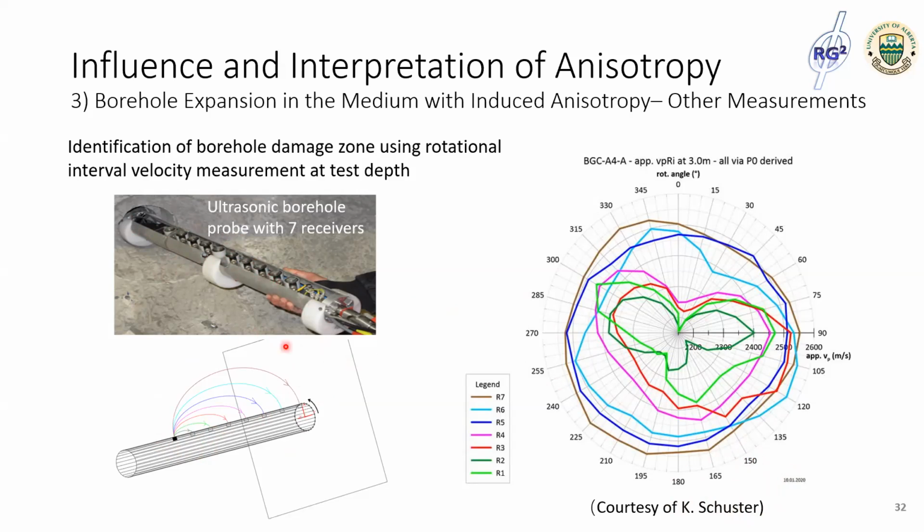And by rotating this probe, the anisotropic information of the velocity in the cross-borehole plane can also be obtained. And this may be further used to produce the velocity contour, like the one I showed earlier for the borehole damage zone identification.